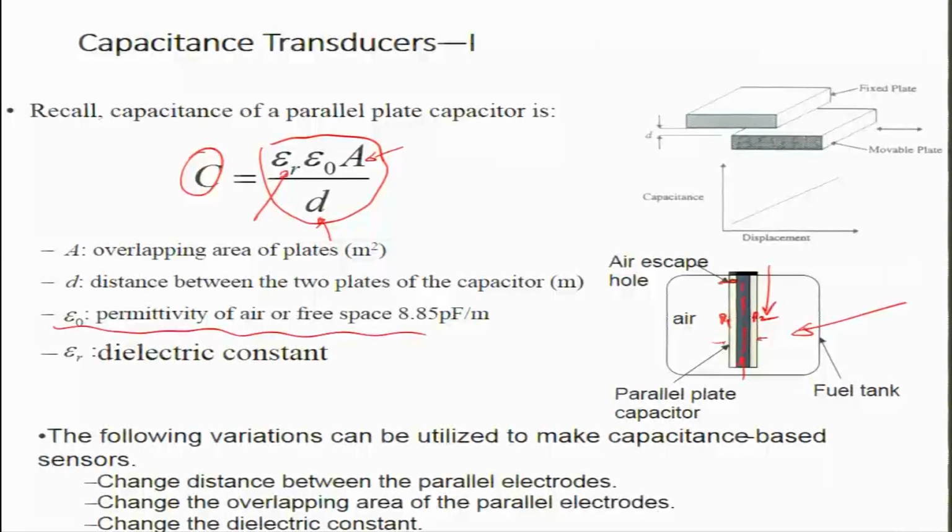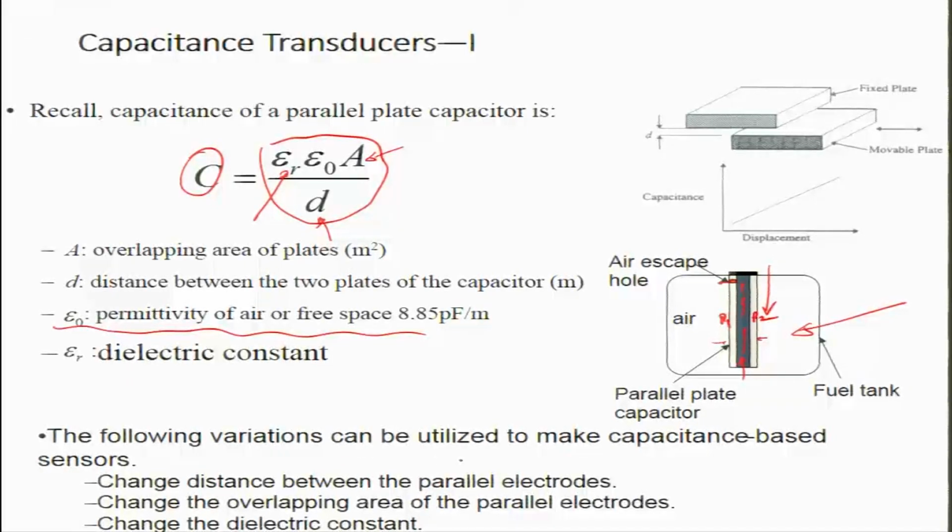So it could gauge the level up to which fuel is in a particular tank, which otherwise cannot be gauged because it is completely closed, with only an entry for fuel and a path for bleeding out air.